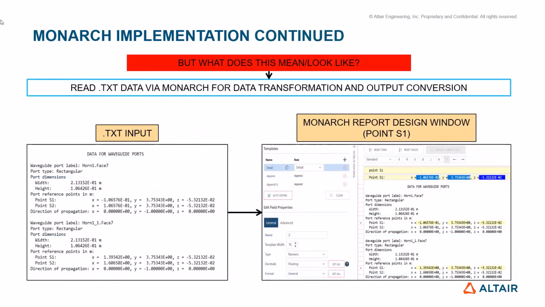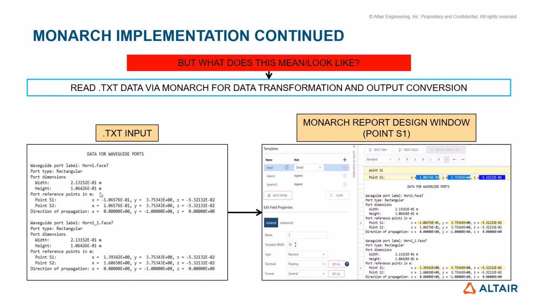Okay, you see over here, this is our text input data, and this is how it is going to look in Monarch. Of course, I'm going to give you a short demo after this section. You have the input text file which we got from Feko.